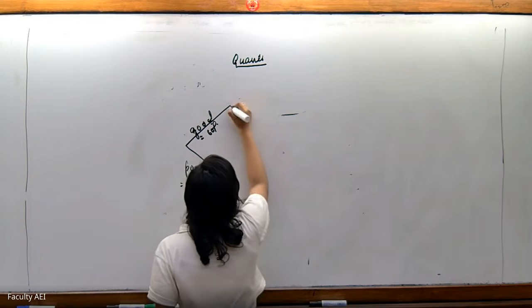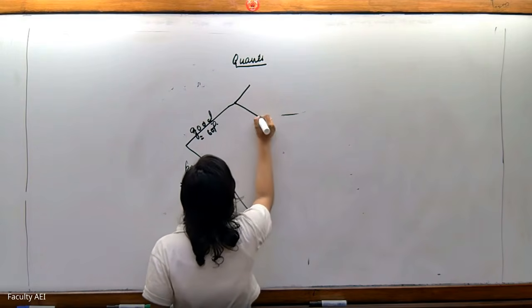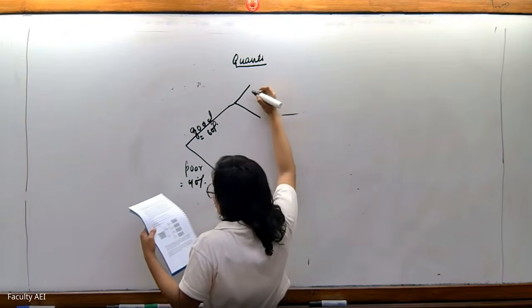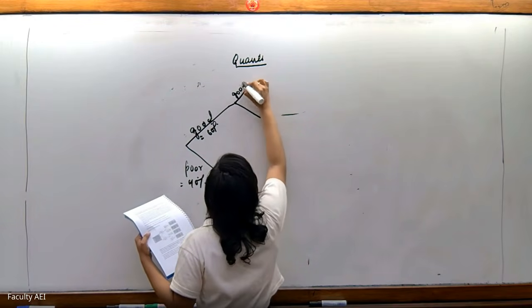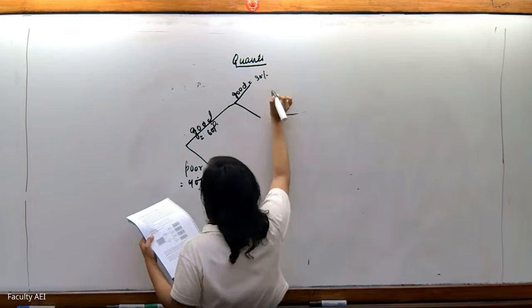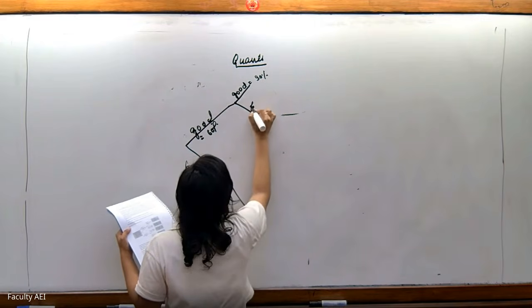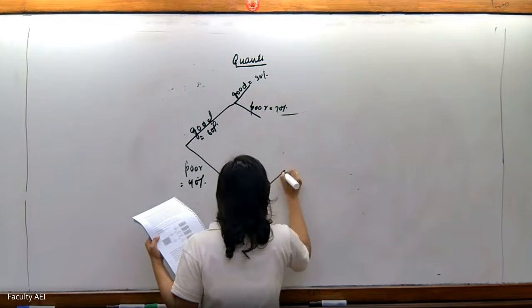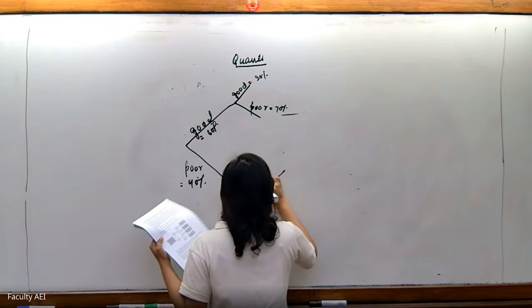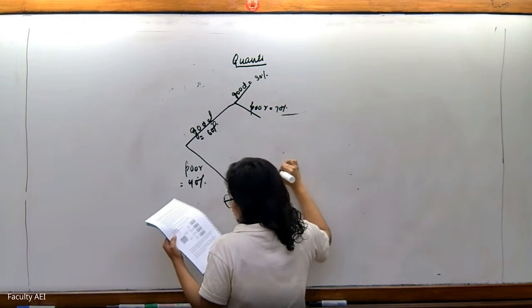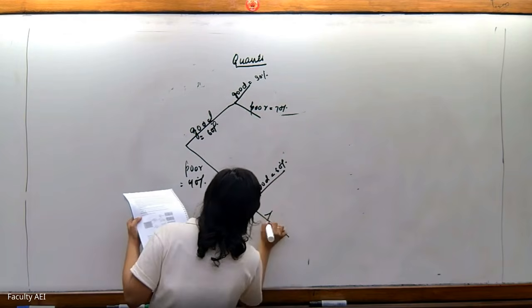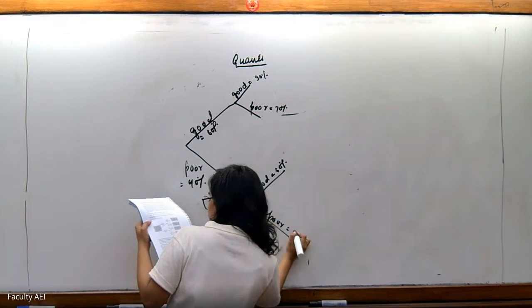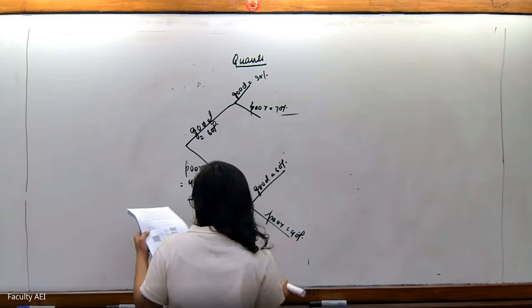If the economy is in a good state, the probability of good results is 30% and poor results is 70%. If the economy is in a poor state, then good results probability would be 60% and poor results would be 40%.